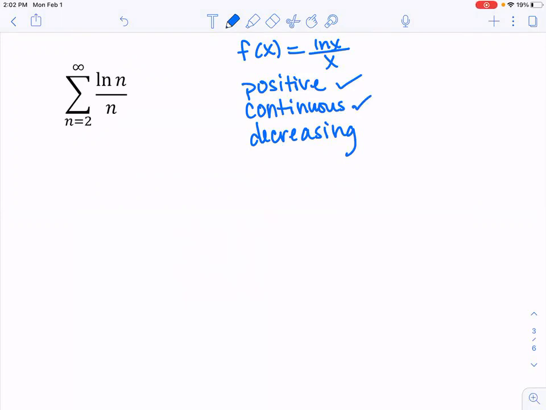Decreasing. We get to take this derivative, which would be 1 over x times x minus the natural log of x times 1, all over x squared.